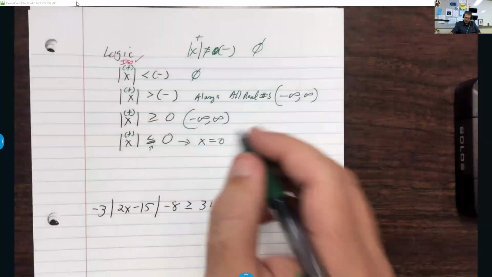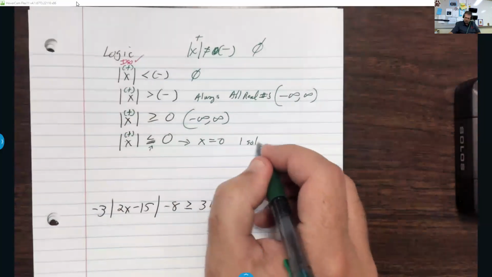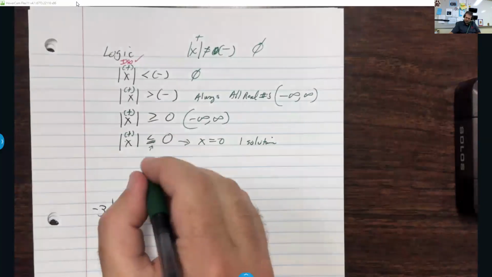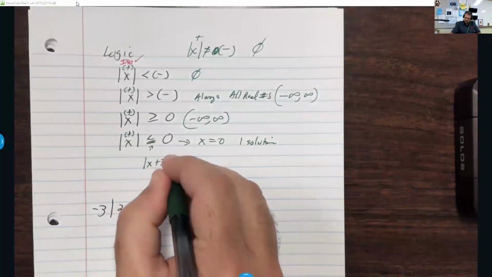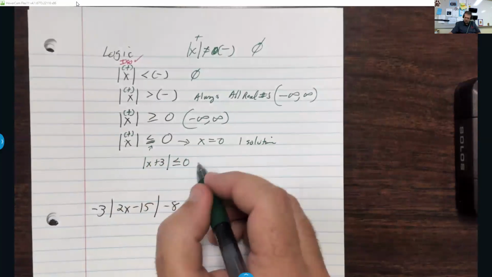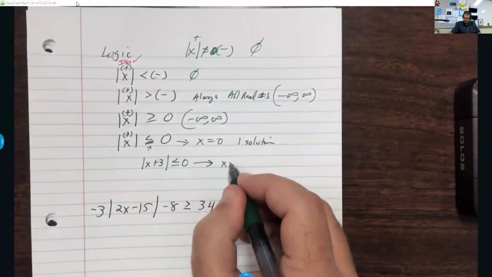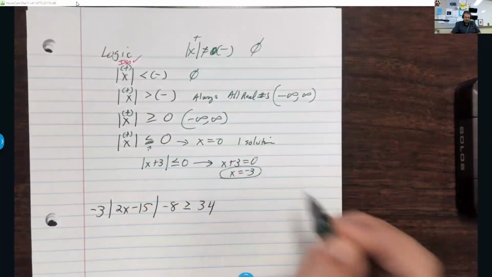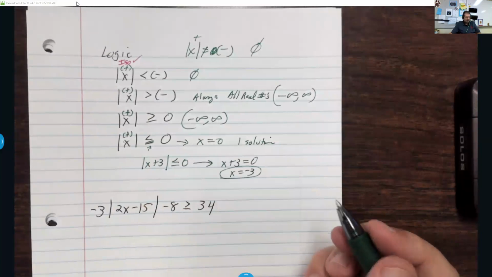So whatever x is can equal 0, you're going to get one solution. Whatever this is equal to 0. So if you had something like this, x plus 3 is less than or equal to 0, the less than part doesn't matter. You can just automatically do x plus 3 is equal to 0, and x has to be negative 3. One solution.